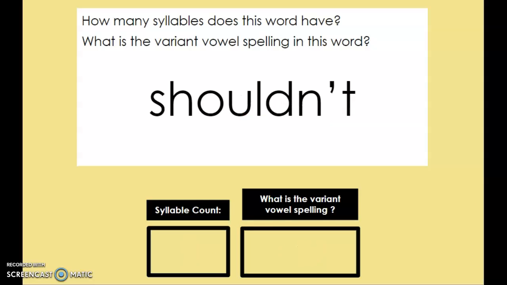Two more examples. Shouldn't. 2 syllables. And what's the variant vowel spelling? Yes, the O-U-L-D makes that sound.